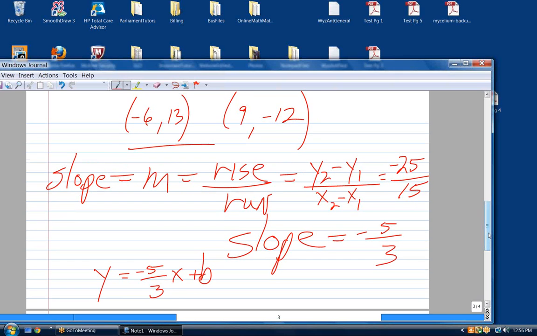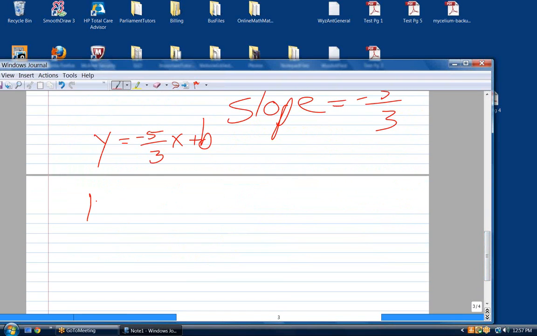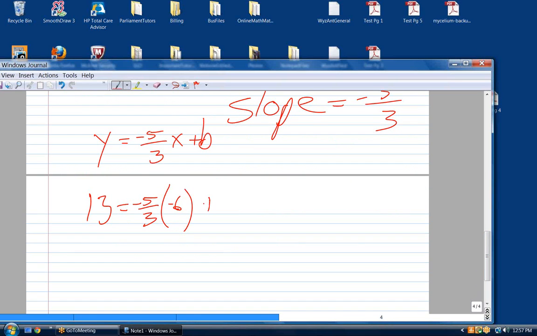Usually the simplest point's the smallest numbers. So you get 13 equals minus 5/3 times minus 6 plus b. That becomes 10, and you get b equals 3.